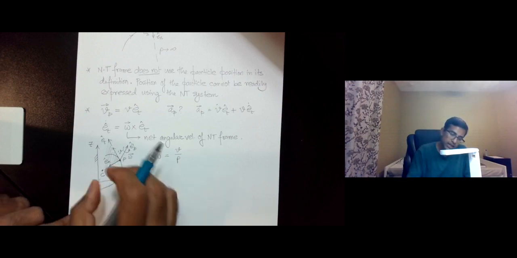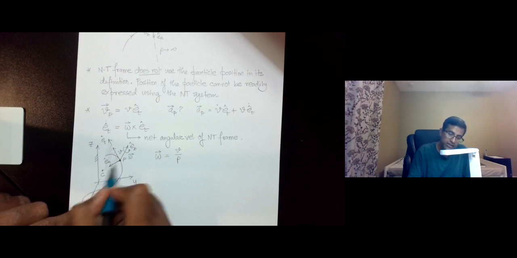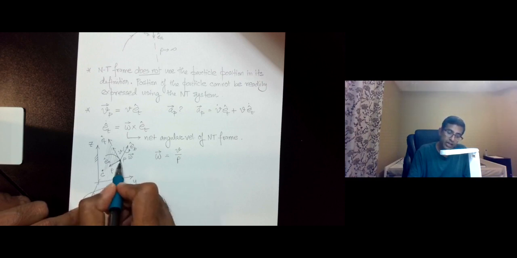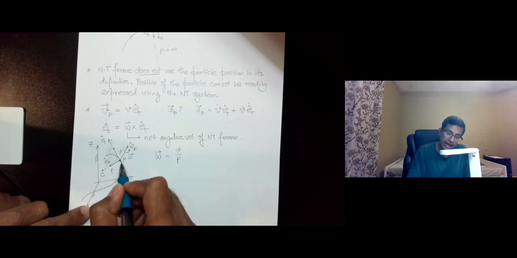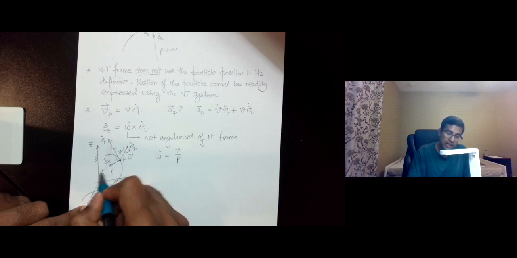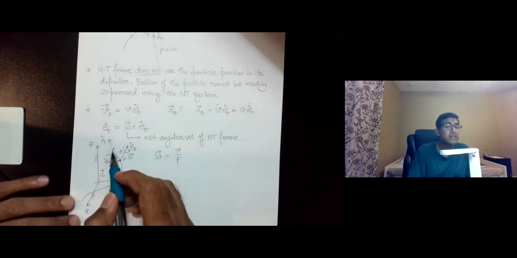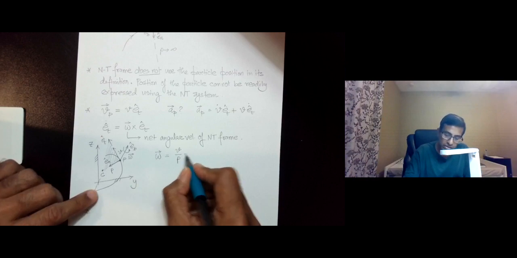You can imagine that at this instant the particle is undergoing an infinitesimally small circle of radius rho about the point C. So velocity divided by the radius rho is the angular velocity, and that angular velocity is perpendicular to the et and en vectors. So it is perpendicular to the osculating plane, in the eb direction.